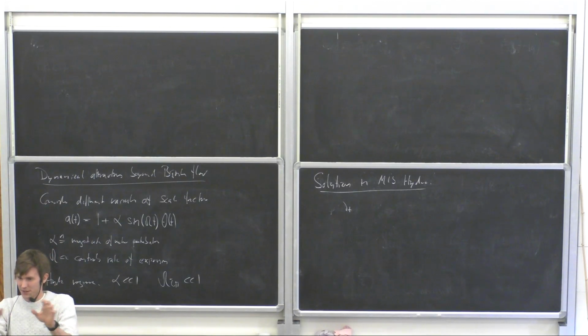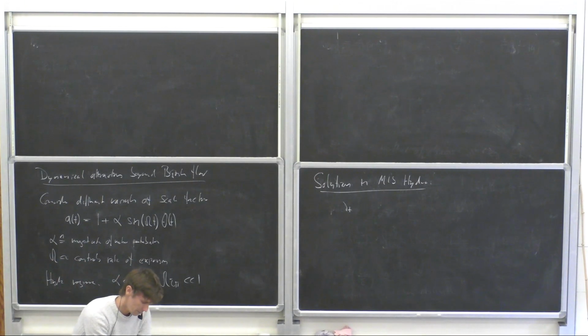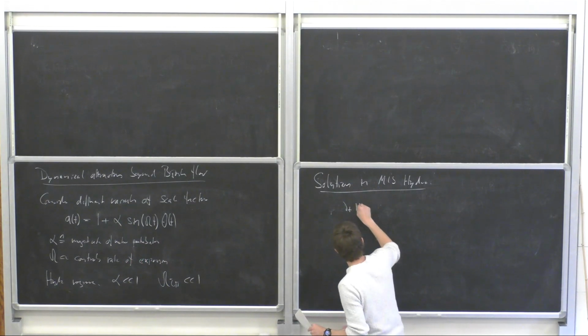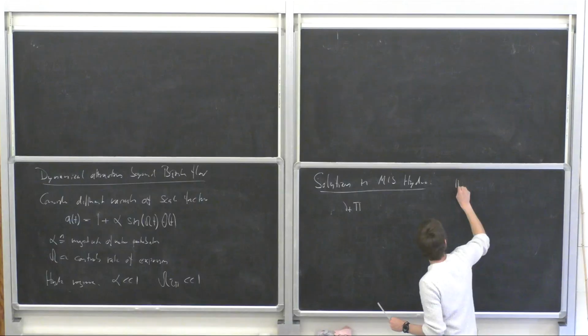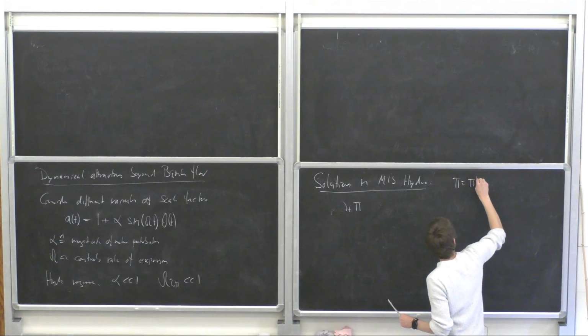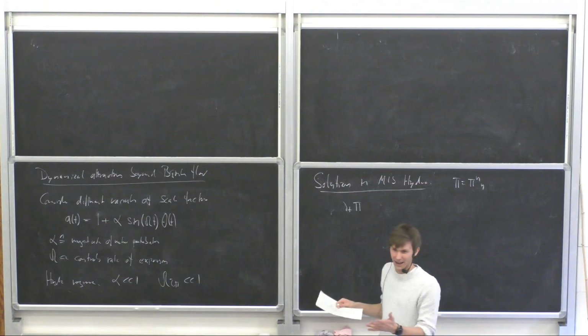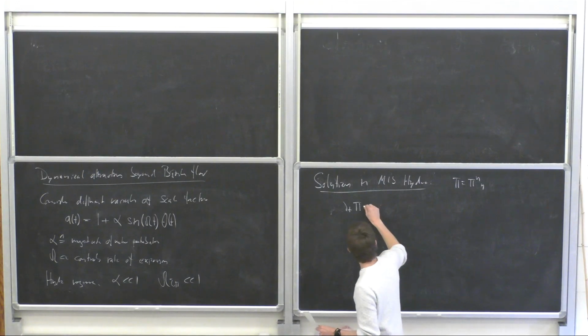In principle, we could look at heating and cooling and so forth, but the more interesting question is, what happens to the longitudinal pressure in this case? So we can directly look at what happens with this pi eta eta, and I'm too lazy to write this as pi eta eta the whole time, so I'll just write it as pi.